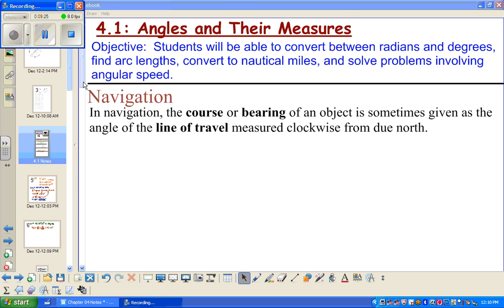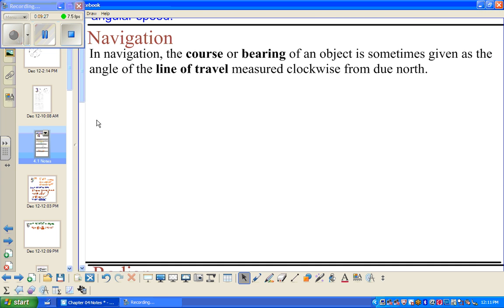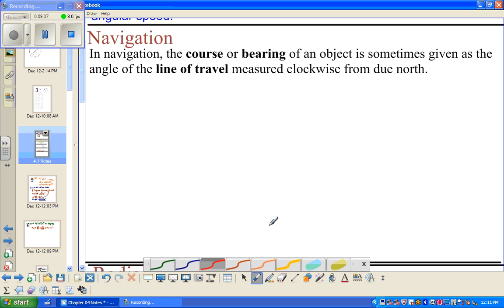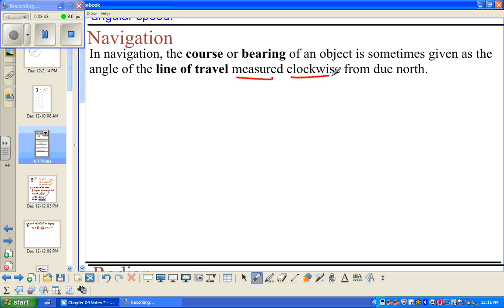Now, when you're dealing with navigation, the course or bearing of an object is sometimes given as the angle of the line of travel, measured clockwise from due north. So don't make this mistake. When you're talking navigation, you're always measuring clockwise from due north every time.